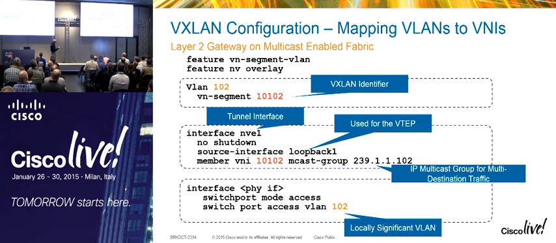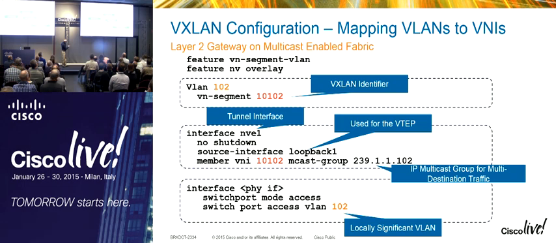In this case, that's 10102. I try to keep 102 in there just so I can remember. And then I do interface nve1. I source it based on the loopback address. That's the address that I'm using for my VTEP, because now I'm a VTEP just like everybody else. So now my VTEP address is based on my loopback address.